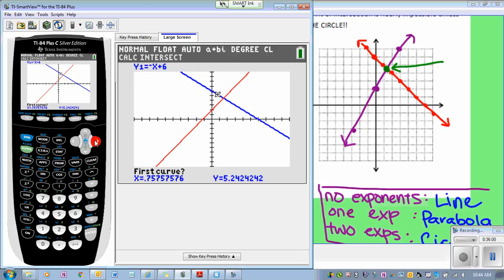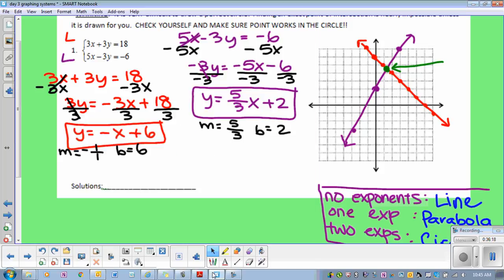So just go close to it. And then hit enter, enter, enter. There you go. Isn't that so good? There goes your solution. 1.5, comma, 4.5. That's it.